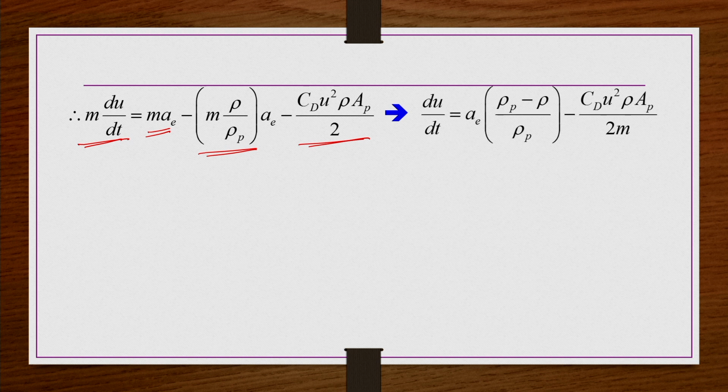So, if you take m to the right hand side, and from these two terms take m common, then you have Ae multiplied by rho p minus rho by rho p. You will get something like Ae into 1 minus rho by rho p, if you do the LCM. So whatever m is there here will be cancelled. The second term remains the same, only this m comes in the denominator here.